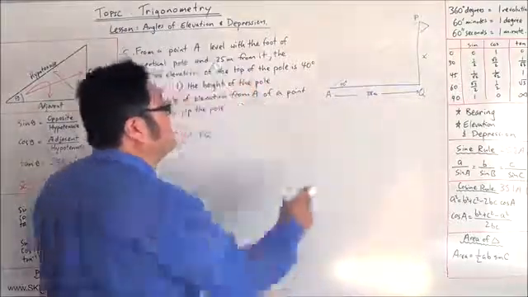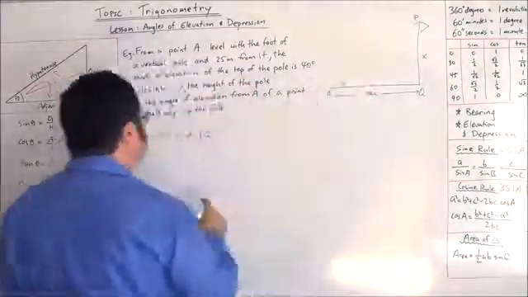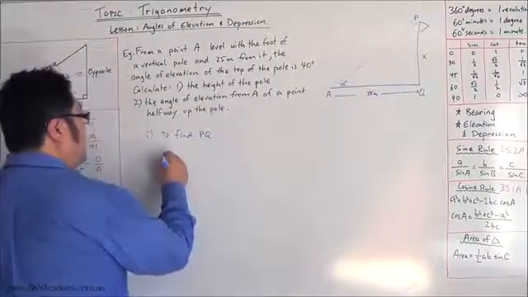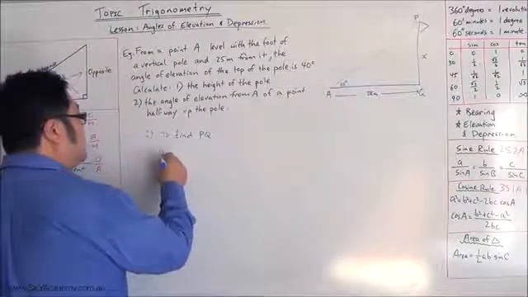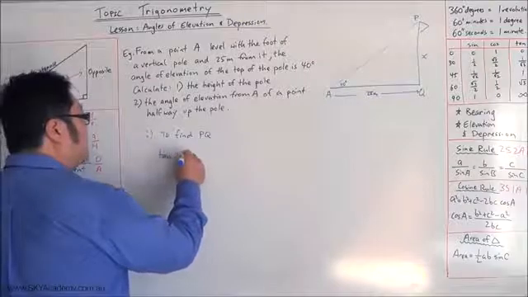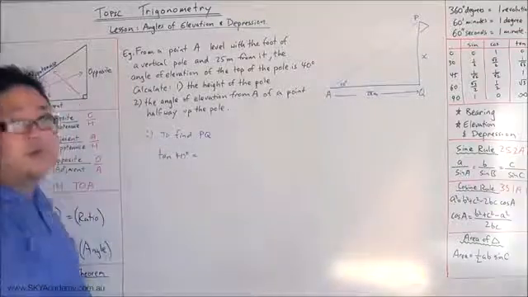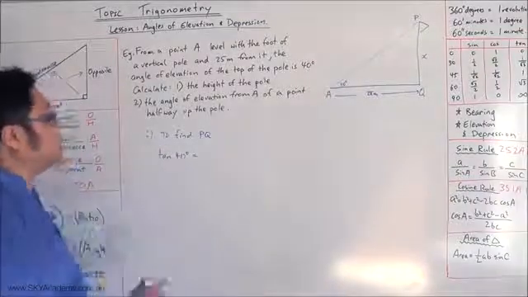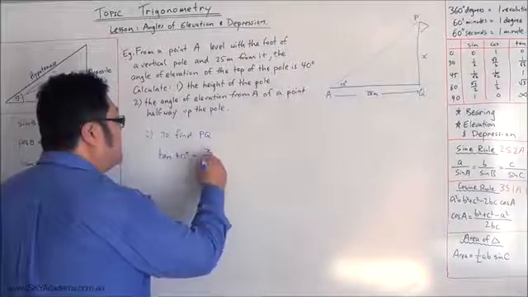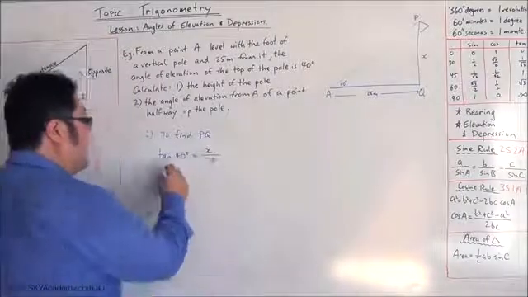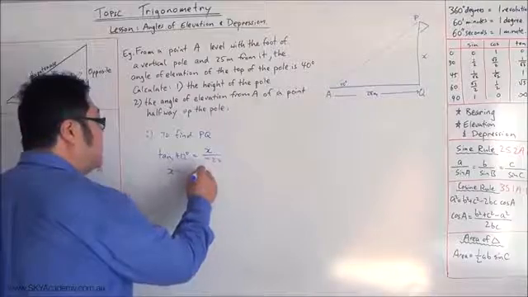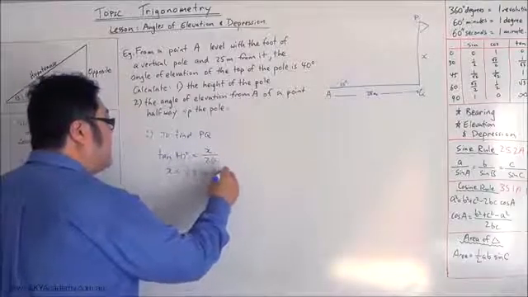And this side is the hypotenuse. So you've got opposite over adjacent, which is tan of 40 degrees, equals X over 25. So X itself is going to be 25 tan 40 degrees.